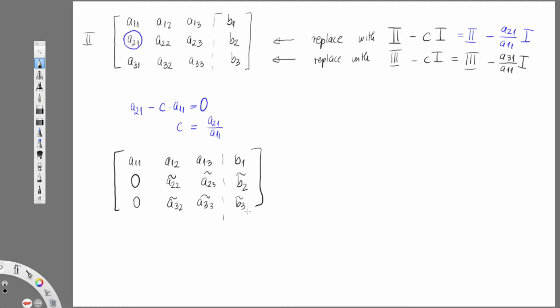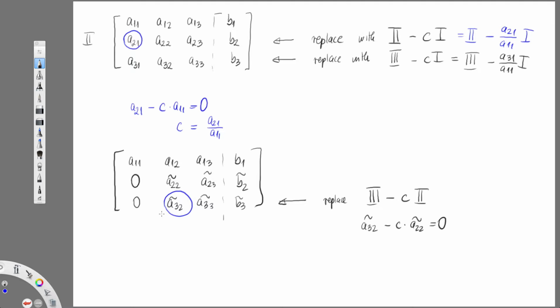And then I would replace this with what? Row 3 now, minus which coefficient times row 2? C, and this C satisfies that A32 tilde minus C times A22 tilde is 0, because I want this to become 0.